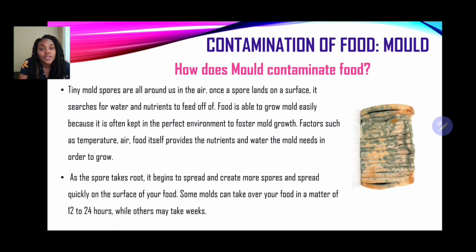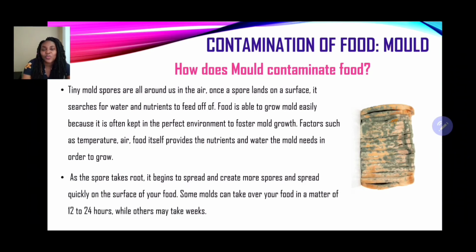Good. Now, as the spore takes root, it begins to spread and create more spores and spread quickly on the surface of the food. Some molds can take over your food in a matter of 12 to 24 hours, while others may take weeks.